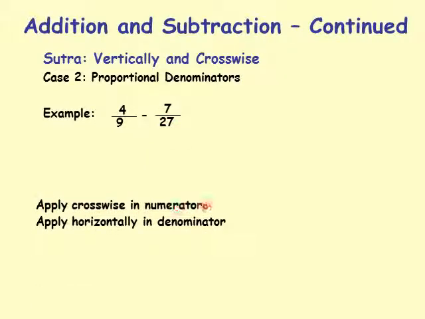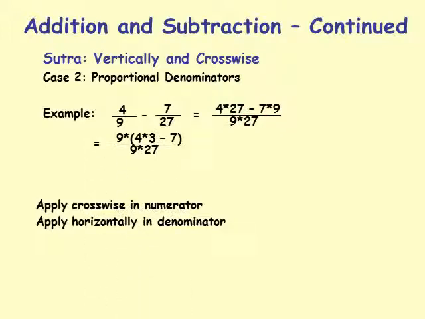We apply crosswise in the numerator, and horizontally in the denominator. That means 4 times 27 minus 7 times 9. 4 times 27 is this number here, minus 7 times 9 is this number here. In the denominator, we do 9 times 27 horizontally.